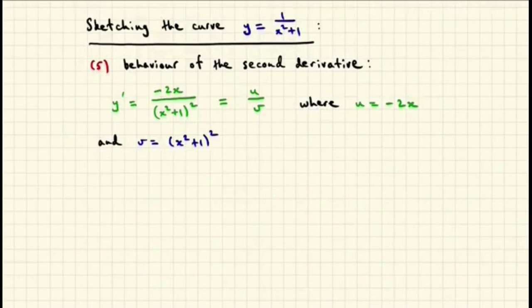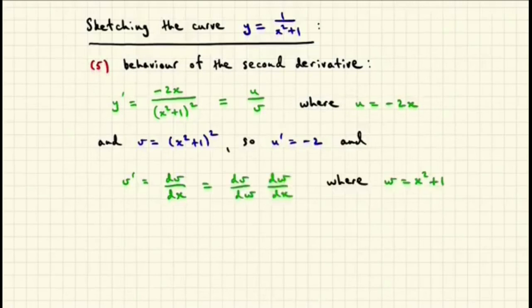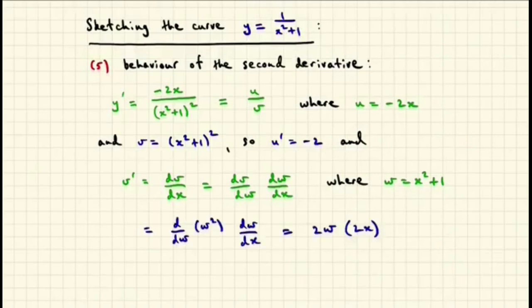So u dash is minus 2, and v dash is dv dx in Leibniz notation, which is dv dw times dw dx by the chain rule. If we make this substitution, w equals x squared plus 1, which becomes 2w times 2x, which is 4 times x squared plus 1.